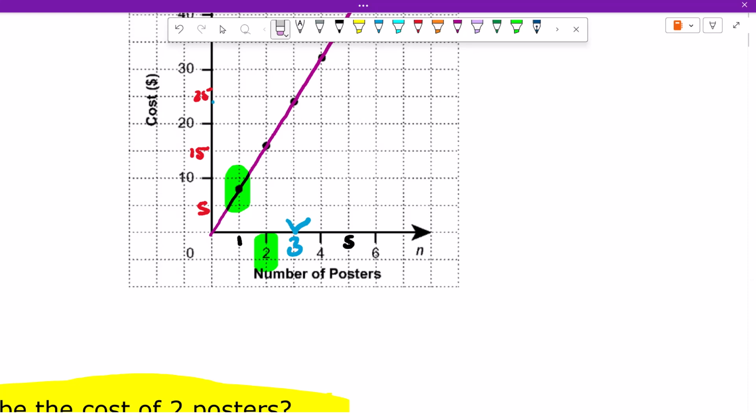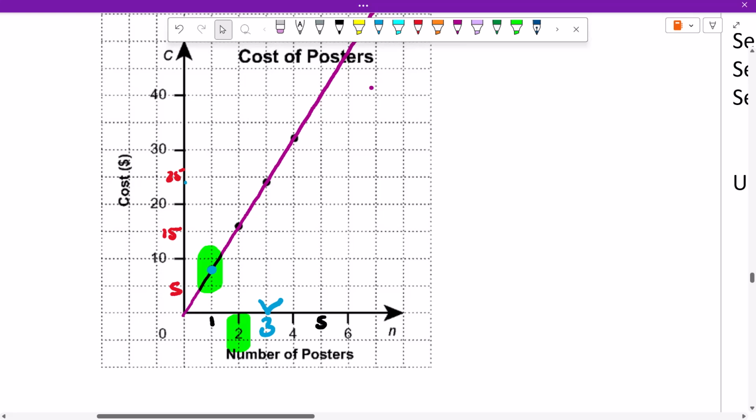So I'm going to pick these 2 points. Doesn't matter which ones. You're going to pick ones that are easy to use. You can make yourself a little triangle, and you're going to figure out how long each of these lines is. You pick any 2 spots on the line.